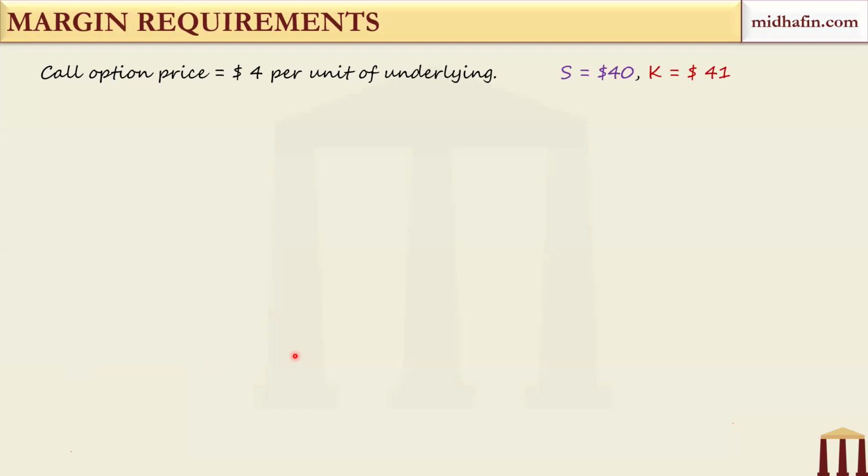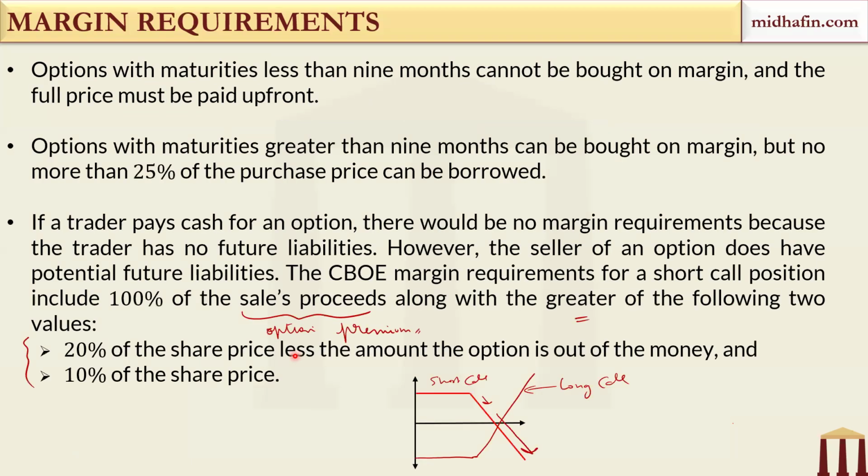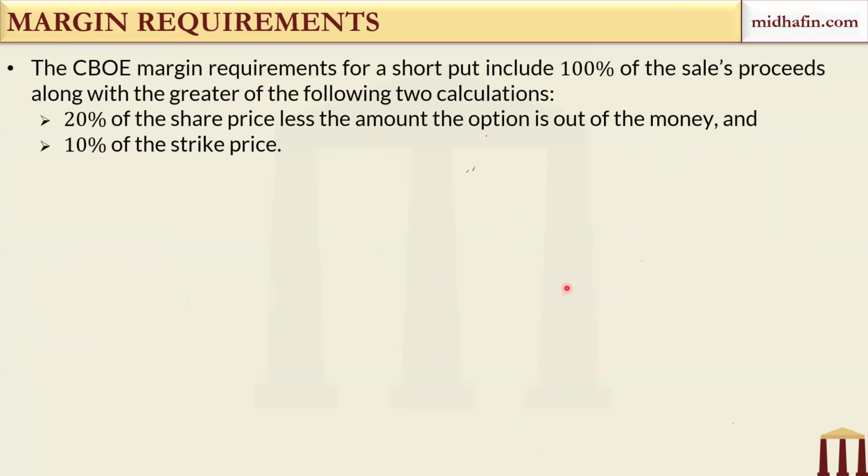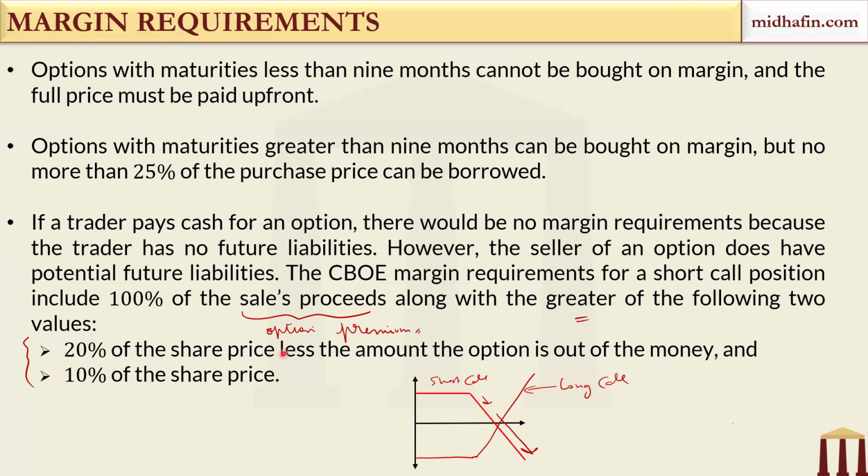First let's calculate these two. 20% of the share price less the amount by which the option is out of the money. First calculate this because we have to calculate the greater of these two.